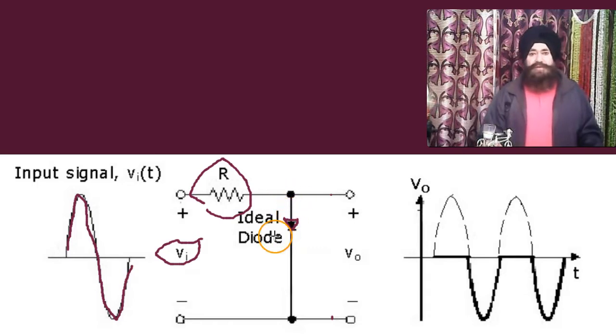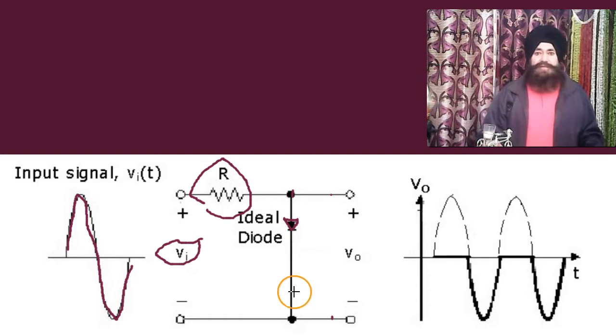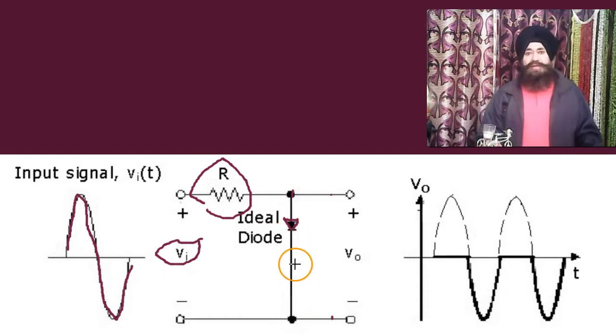When the diode is forward biased, because it is ideal, the resistance of the diode becomes 0. For the ideal diode, there is no forward resistance. That means a short circuit between this end and this end, because there is no resistance between the 2 points.